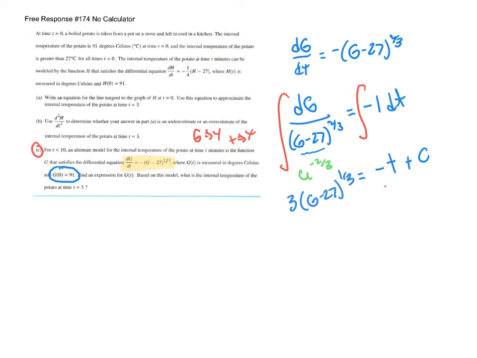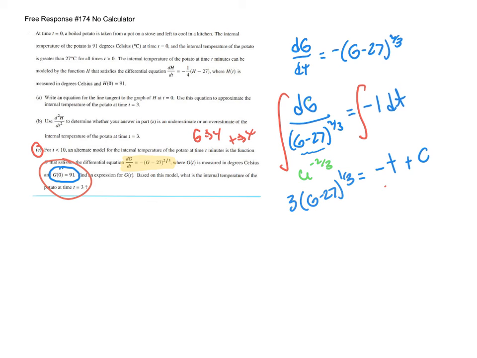All right. So remember that we've got this initial condition. When t is 0, g is 91. So we'll go ahead and plug that in, just so we can solve for c, and then I'll show you how we can finish this thing off.